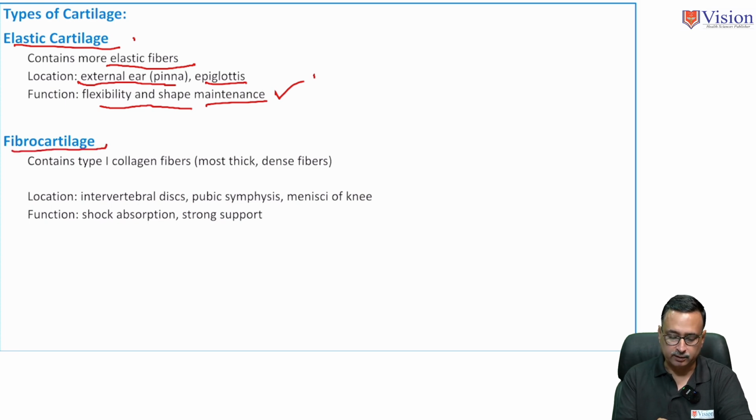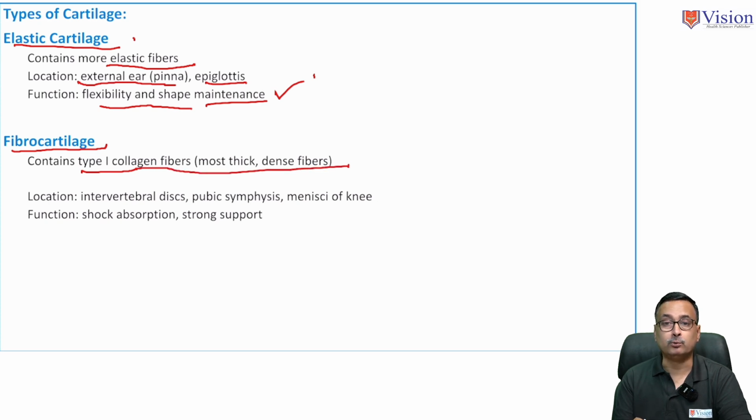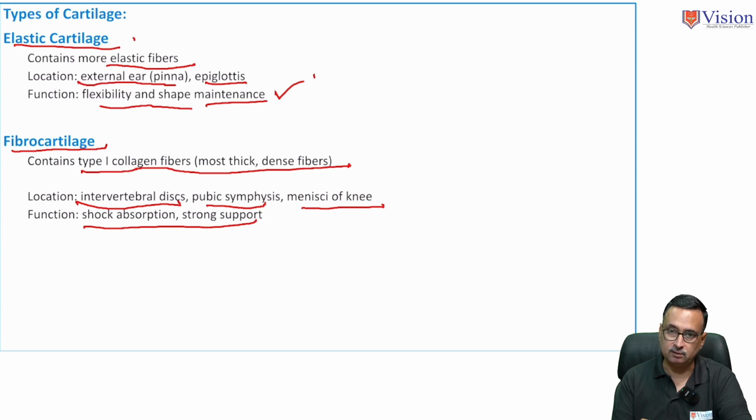This cartilage contains thick and dense collagen fibers, belonging to type 1. Fibrocartilage is present in intervertebral disc, pubic symphysis, and meniscus of knee. These serve as strong body tissue for support, strength, and serve as shock absorber.